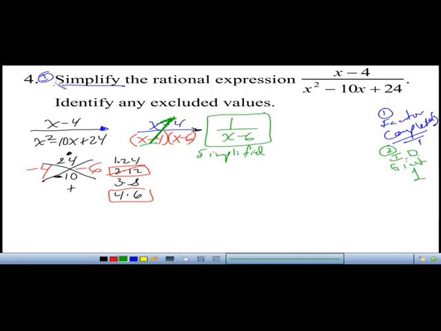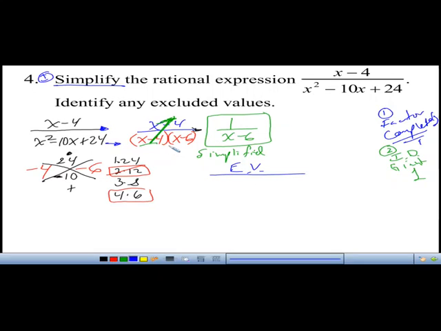All right, so we're done with the first part, which is simplify. What is the next part? We need to identify the excluded values. So I'm going to do EV. And what do we do for the excluded values? We take the denominator and set it equal to 0 and solve. But look at the denominator. Look up, guys. The original one is a trinomial. And if we set it equal to 0, aren't we going to factor? Yes. So that means I'm not going to use the original one. I'm going to go next door to this, and it's already in factored form right here.